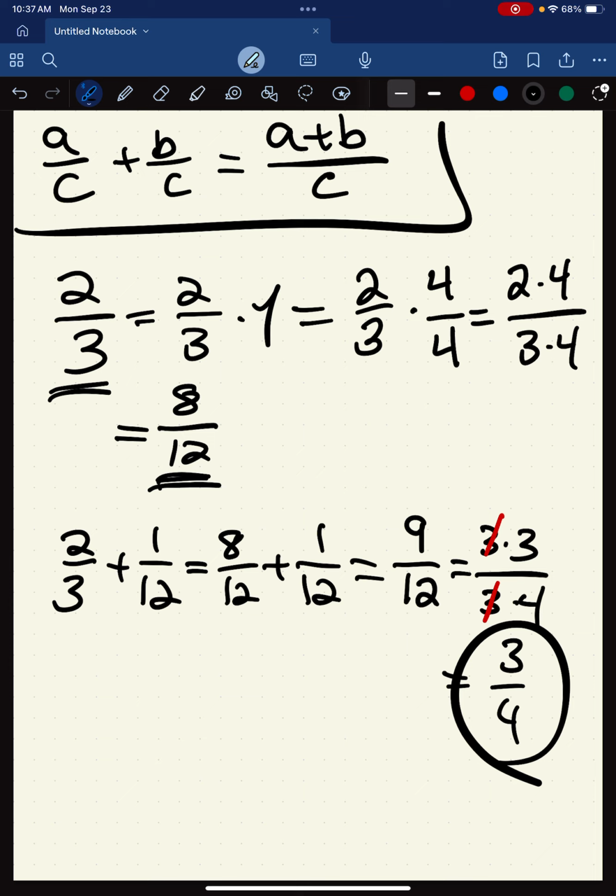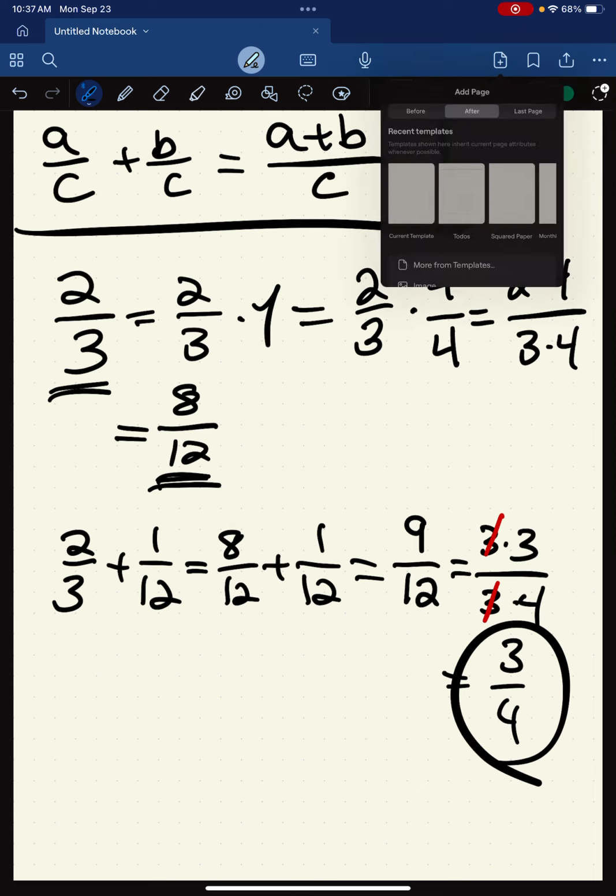So we're going to take this concept of equivalent fractions to give ourselves the same denominator, what's called the least common denominator, or LCD, in order to add fractions. The way we're going to do this in practice is, let's say you have 1/6 plus 1/8.